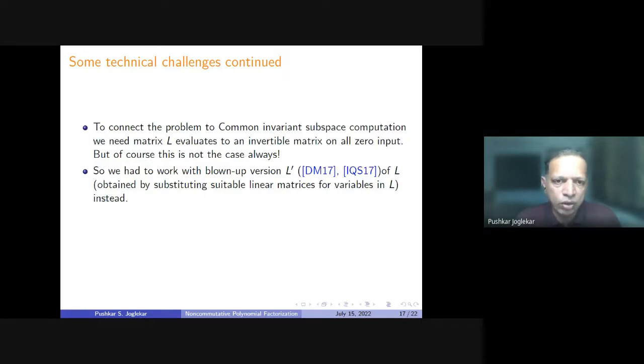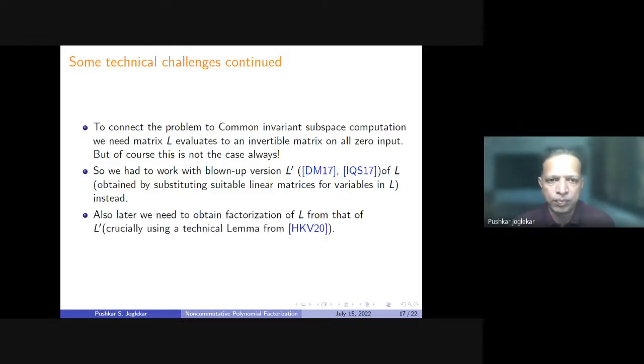So to get around this difficulty, we work with matrix blowups. By matrix blowup, we simply mean we look at the variables of L and substitute suitable linear matrices for the variables, which leads to a larger matrix L prime, and which has the property that if we evaluate it on the all-zero input, it evaluates to an invertible matrix.